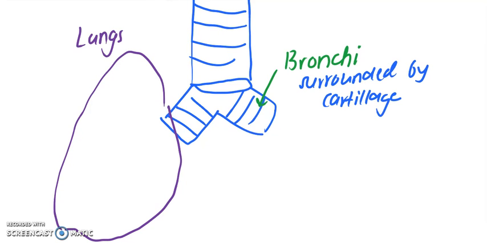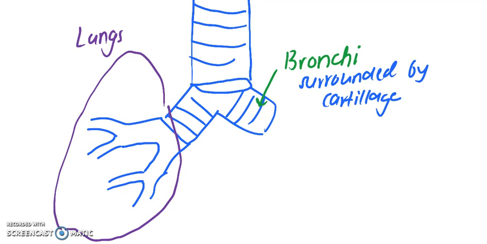Once inside, your bronchi is going to divide and become even smaller as it gets deeper into the lungs. These smaller subdivisions we call bronchioles.